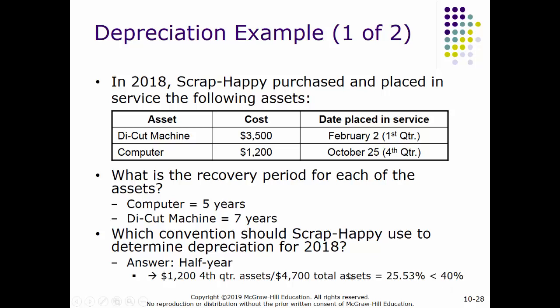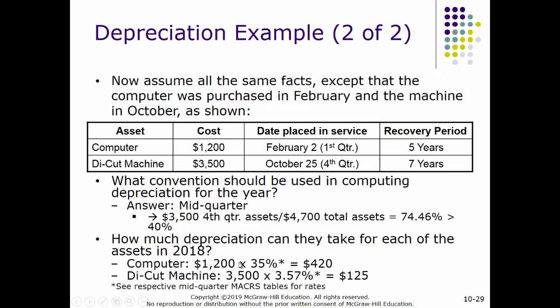The company will use half-year. Now let's switch it around and say they bought the more expensive asset in the fourth quarter. Now 3,500 of 47 is over 74%, which exceeds 40%. So now the company has to use mid-quarter. And note, they don't use mid-quarter only for the 3,500 placed in service in the fourth quarter, they have to use mid-quarter for all the assets, in this case, both assets that were purchased in that same year and placed in service.